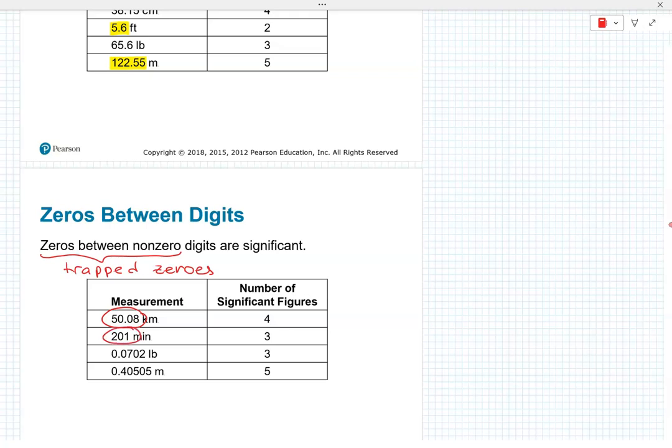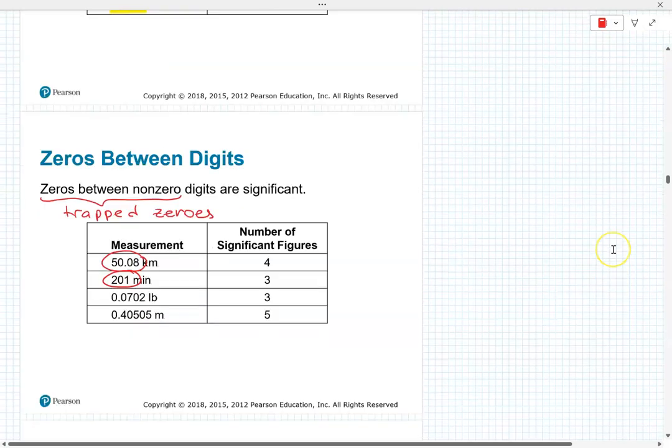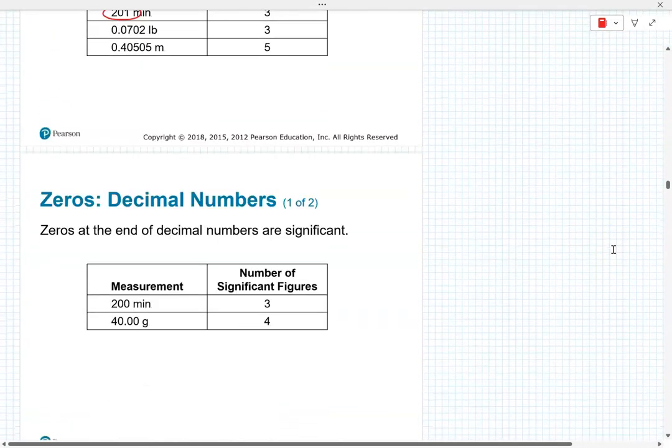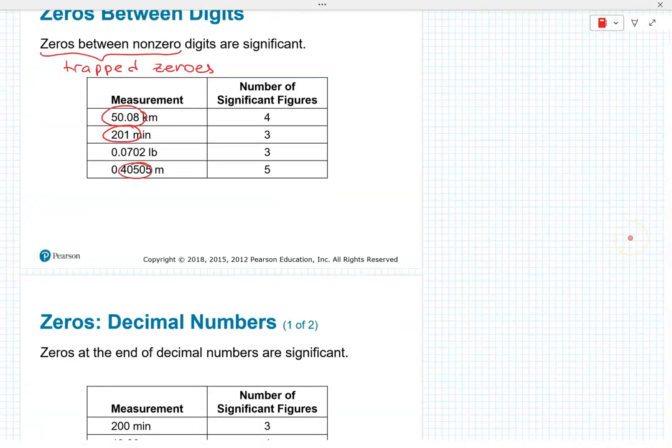This number, 1. Because these 2 guys, they are not trapped. They are leading. Okay? Good? So you have only 1. And this one has 2. Yes, this one has 2.